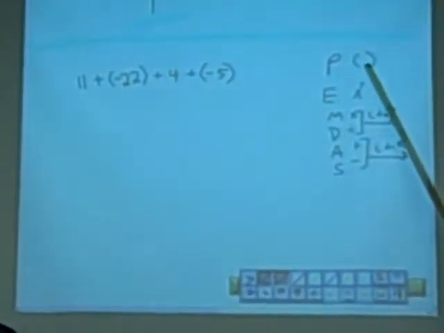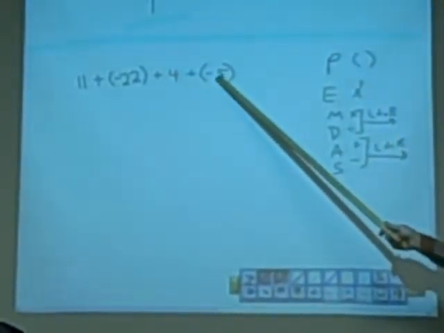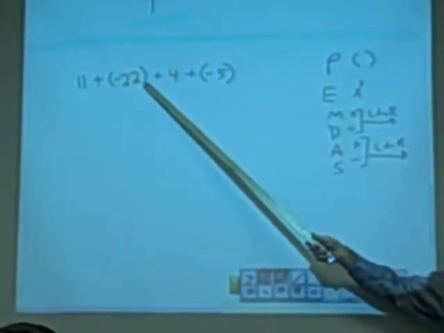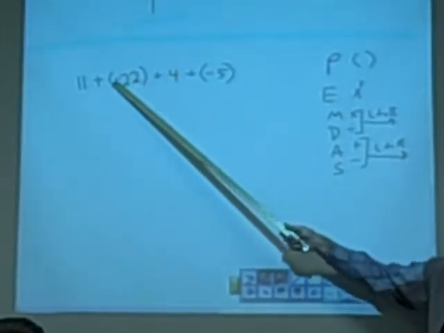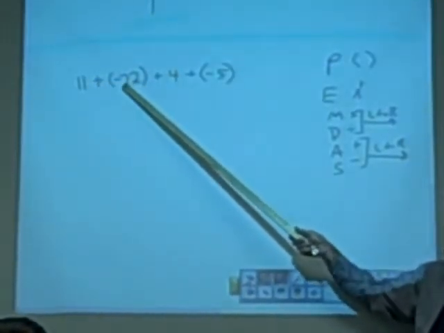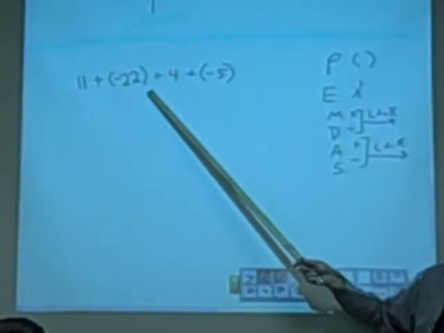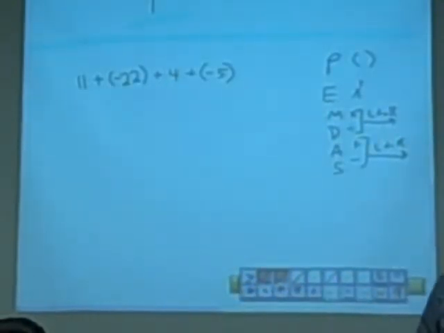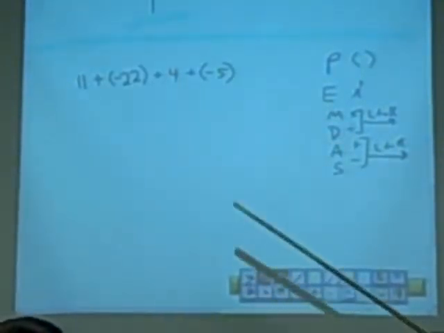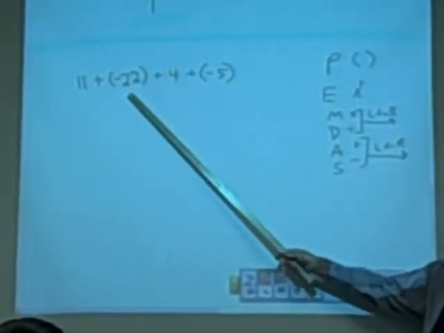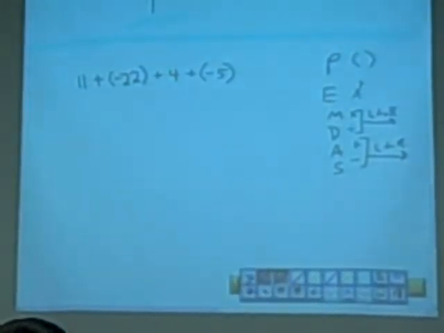Parentheses, when we look at it in this way, we really mean what? Simplify within the parentheses. But here, there's nothing to simplify in the parentheses, right? So the function that this parentheses has is to separate the plus from the minus. It just makes it easier to see when you're working through the problem. So you don't look at this as the highest order of operation because it's already simplified. In this case, you're just going from left to right.